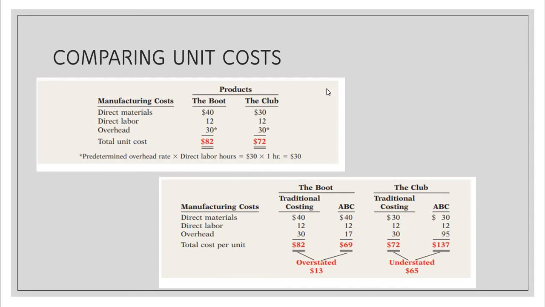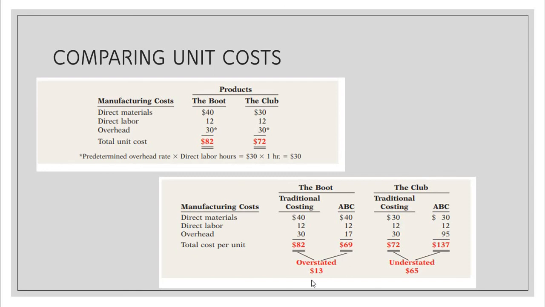Ito yung traditional. If predetermined, these are the, di ba kanina, $30 yung unang-unang presentation natin. So, look at the difference of the two. Okay? So, the booth is overstated per unit doon sa traditional cost. Kasi, the cost of producing naman the club is understated naman.